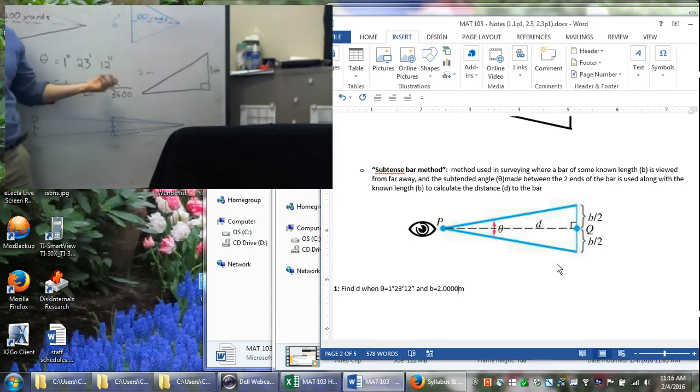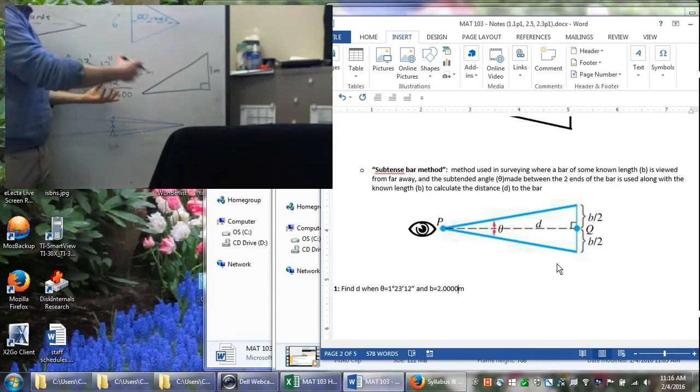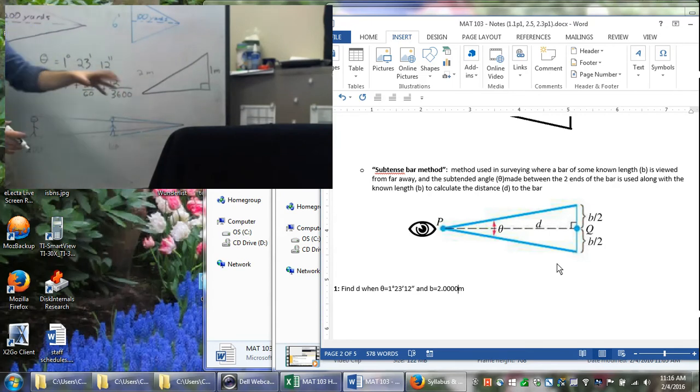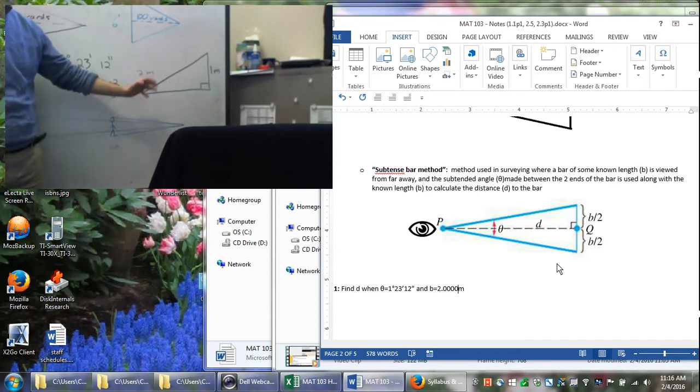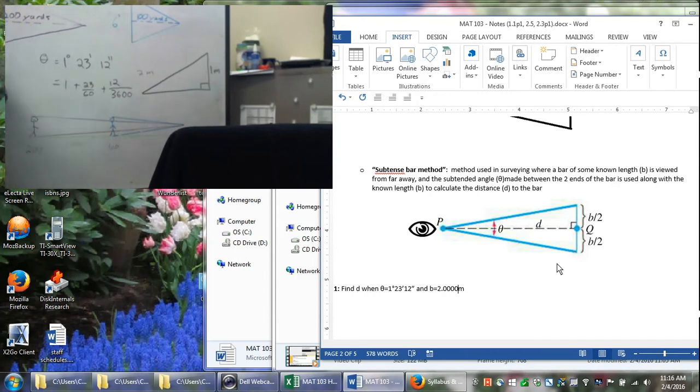And then in order to convert seconds to degrees, we first have to divide by 60 in order to get to minutes, and then we have to divide by 60 again to get to degrees. So you can write that as 12 divided by 60 divided by 60 again. You could write that a few different ways. I took 12 divided by 60 and then divided by 60 again.